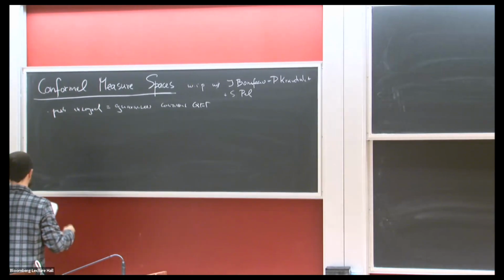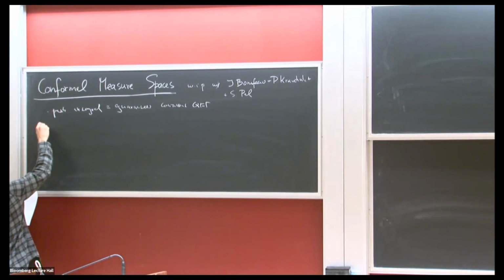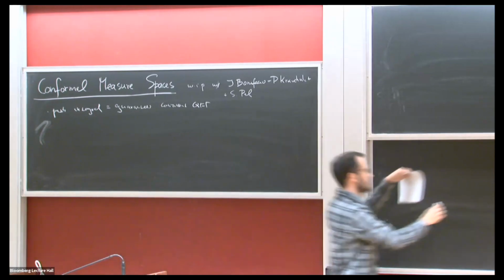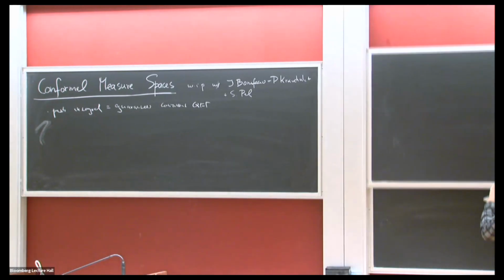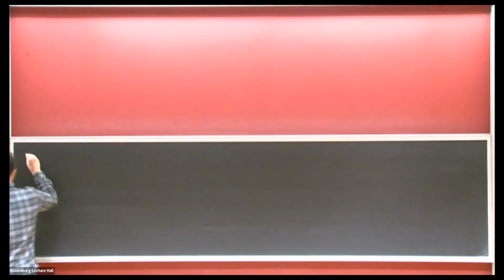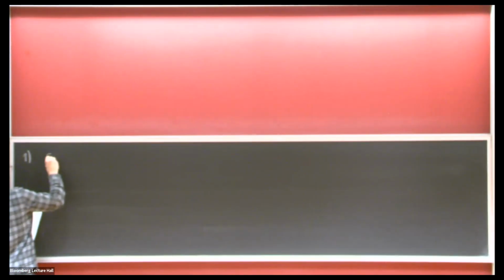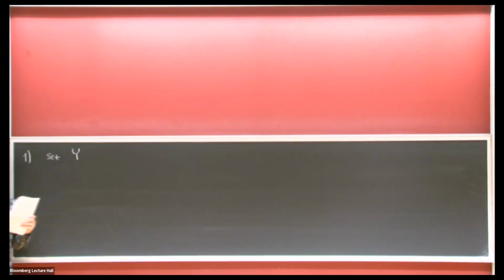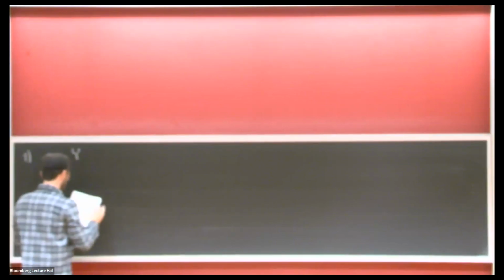So the first thing that we'll need, I'm going to need a bit more space, so I'm going to write it here, all the properties in one place. The first thing that we'll need is just the set of field configurations, which for now is just a set. I'm going to denote it Y, and Y is just the set of fields.